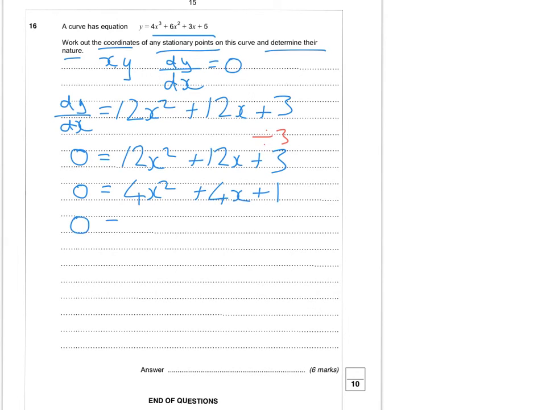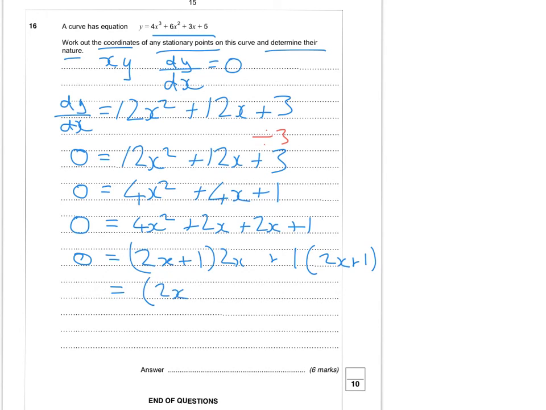Factorize that, so 0 equals 4x squared plus 2x plus 2x plus 1 into 2 brackets. 0 equals (2x plus 1)(2x plus 1). So that is 2x plus 1 all squared.